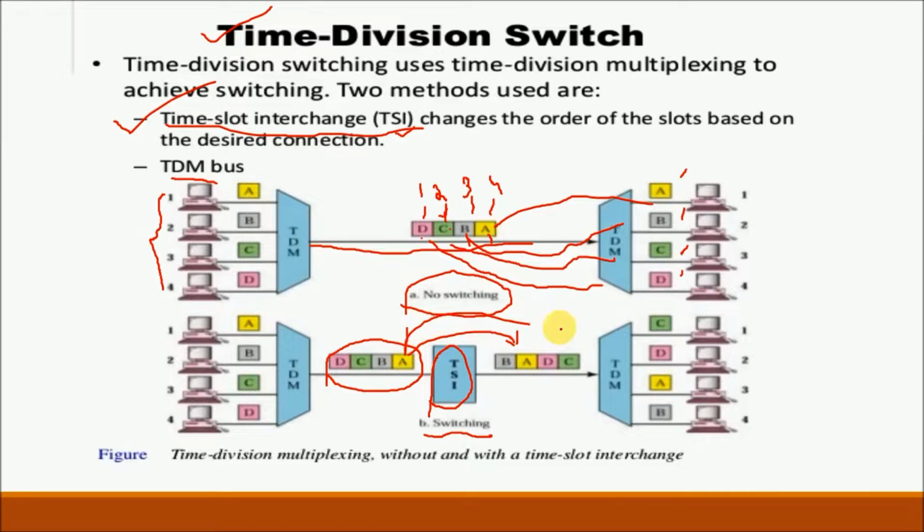So in place of A, C will come. In place of B, D comes. In place of C, A comes, and in place of D, B has come.